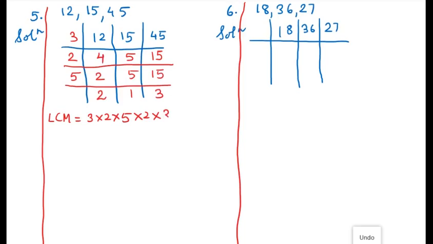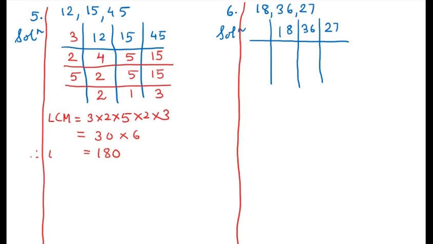So now multiply. 3 2s are 6. 6 5s are 30. 2 3s are 6. 3 6s are 18 and 0 will give us 180. So the LCM of this 12, 15 and 45 is 180. Yes or no? So we'll write here the last statement, that is therefore LCM is equals to 180.